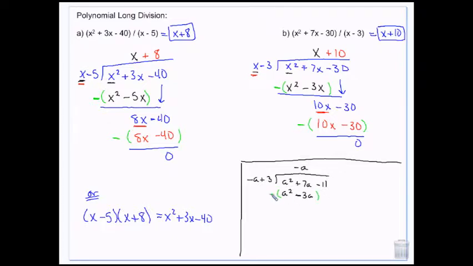And then I'll subtract that, which will give me 10a, and I'll bring down that negative 11. And to turn negative a into a positive 10a, I'm going to multiply it by negative 10. So I'll get 10a minus 30. And I'm going to subtract that, and I'm going to get 19. Now I have nothing else to bring down, and there's nothing I can multiply by a that'll make it a 19. So this is my remainder.